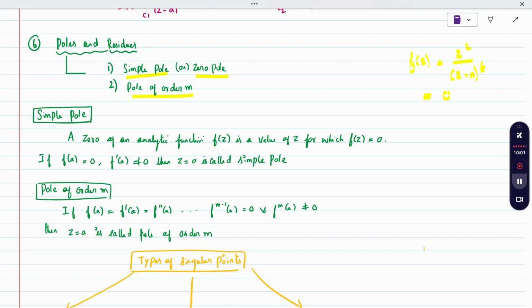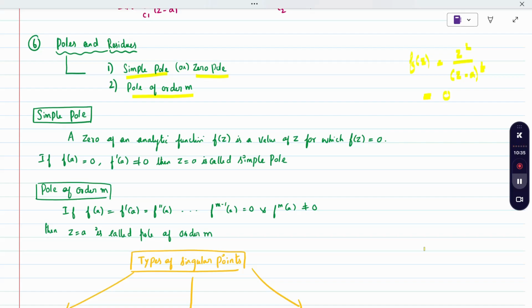So f of a equal to 0, and f dash when I differentiate should not be equal to 0. That answer is called a simple pole. Similarly, a pole of order m is when I differentiate one time, two times, three times and so on, and make it equal to 0, I get one answer, called a pole of order m.